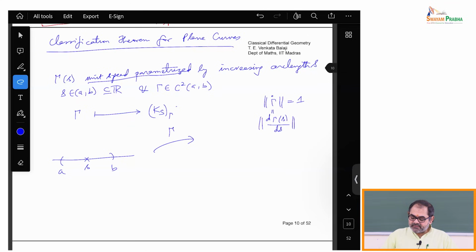And mind you, d gamma(s)/ds is a velocity, the norm of that is the speed, and that has to be 1. And of course we are only working with regular curves. Curvature is defined only for regular curves, and regular curves can be unit speed parameterized.